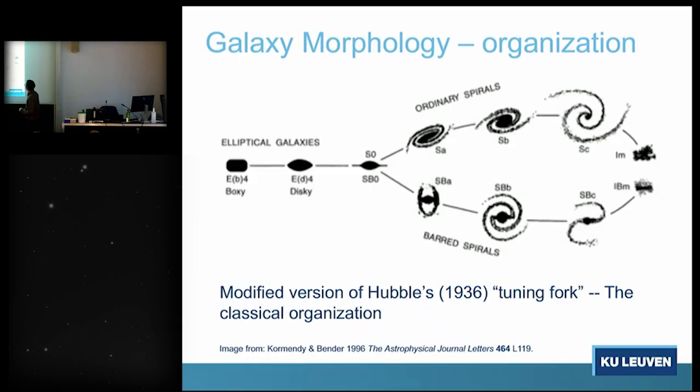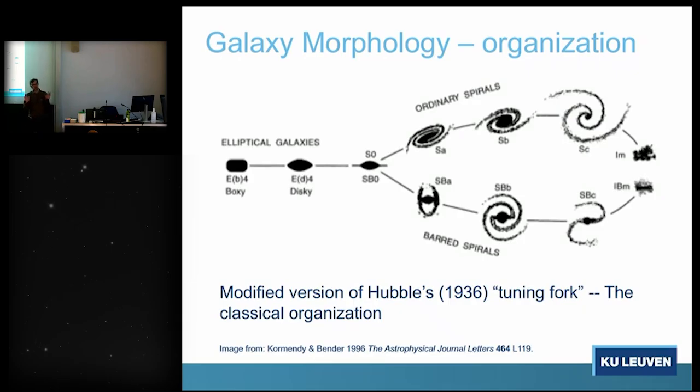This is the classical organization where you have the elliptical galaxies to the left, the spiral galaxies to the right, and they're sorted. If you have a bar, you put them down. If you have no bar, you put them up. You can also see that an SA galaxy has more tightly wound spiral arms than an SC galaxy. And then we put the irregulars here at the end.